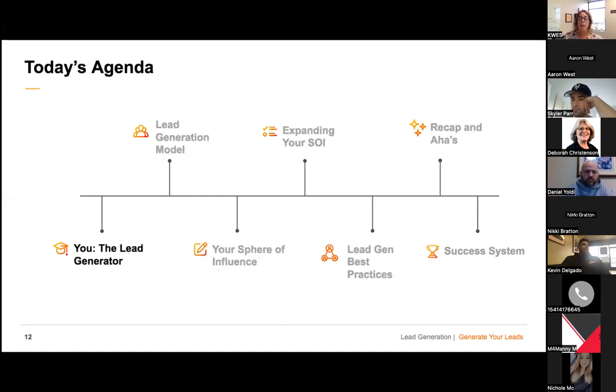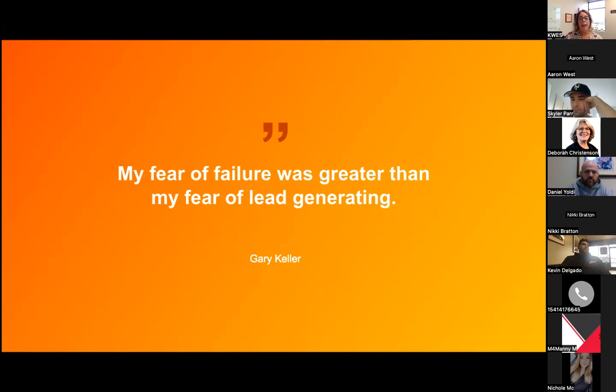Okay. First up, you as the lead generator. If you are familiar with the Keller Williams MREA book, you'll see it in there. Gary Keller admits that lead generation was not his favorite thing. He didn't like it at all. He said his fear of failure was greater than his fear of lead generating.